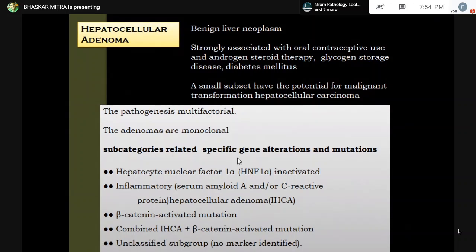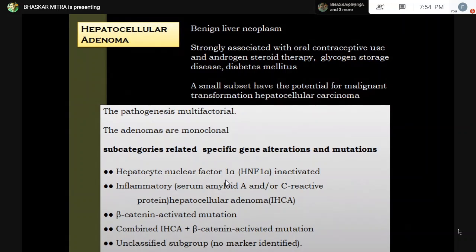Some of these hepatocellular adenomas have a chance of transformation to hepatocellular carcinoma. Now, according to the genetic alteration and the mutations, the hepatic adenomas can be divided into the following subclassifications. First is hepatocyte nuclear factor 1 alpha inactivated hepatocellular adenoma.